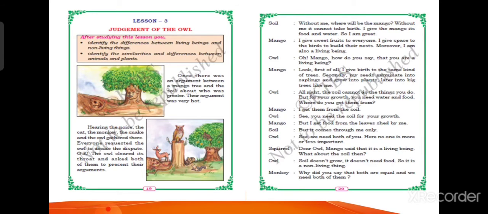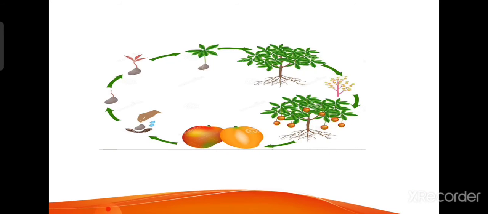The only thing I wanted to explain to you is that here the owl is telling how the mango is grown. Once the seed is sowed, from that the sprout is coming, and from the sprout a small sapling is coming, and from the sapling a small plant is coming.